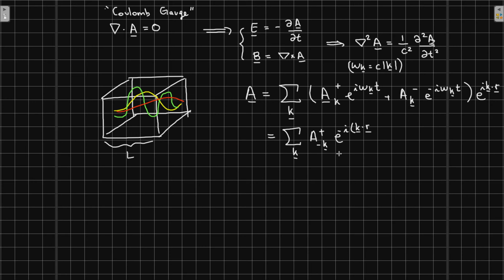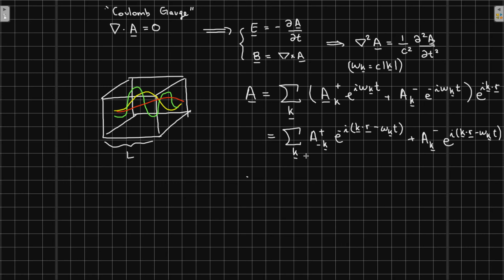Because this k becomes minus k by reversing the order of summation, and minus omega_k t, right? Because I need this to be positive, so minus times minus. So I've reversed the order of summation for the wave going to the left, but I will not reverse it for the wave going to the right. So I will get plus a_k- e to the i (k·r minus omega_k t). Okay?